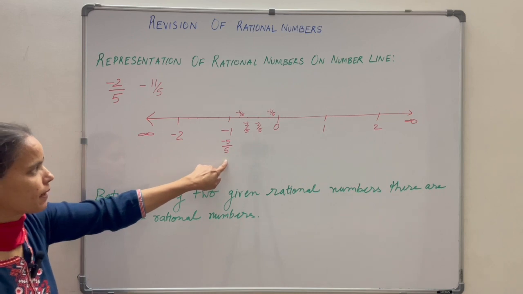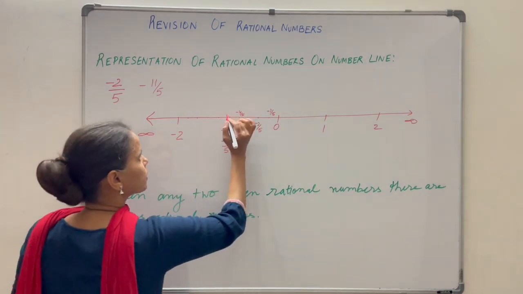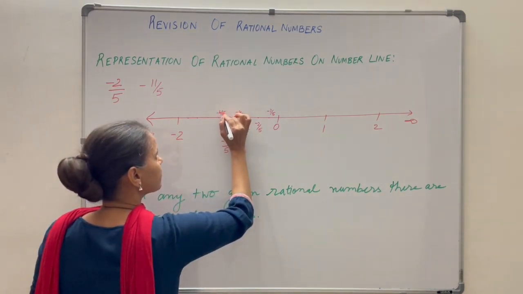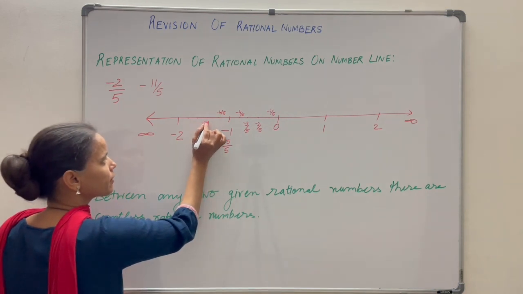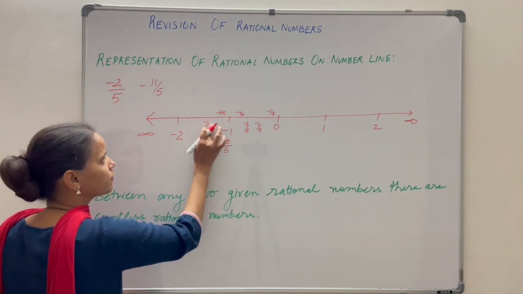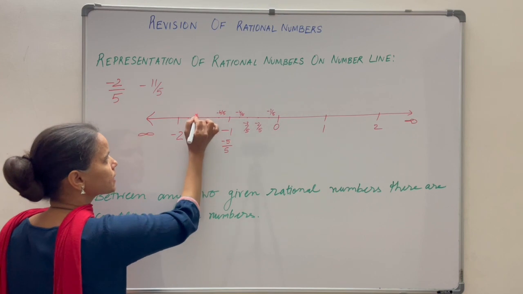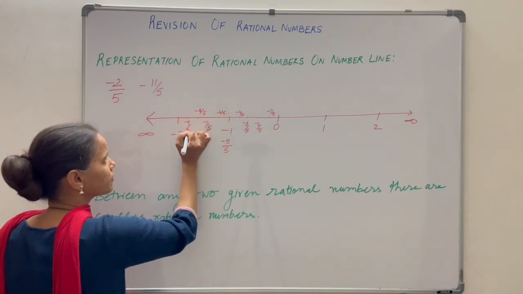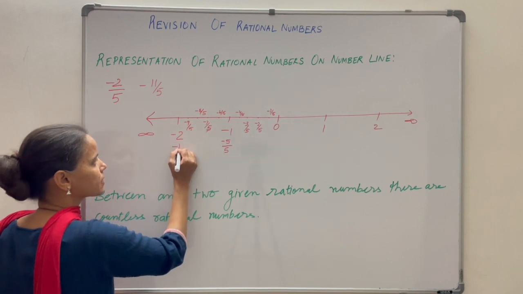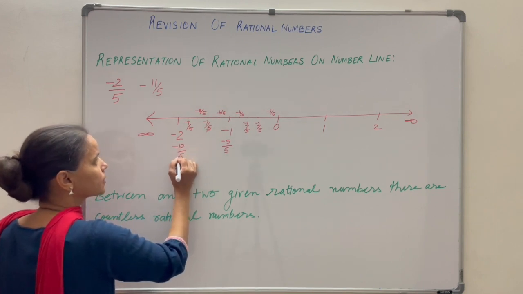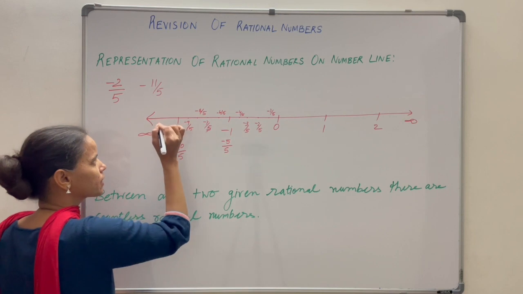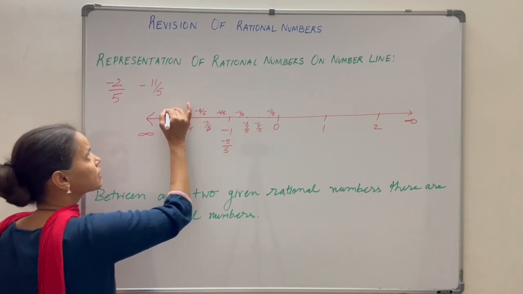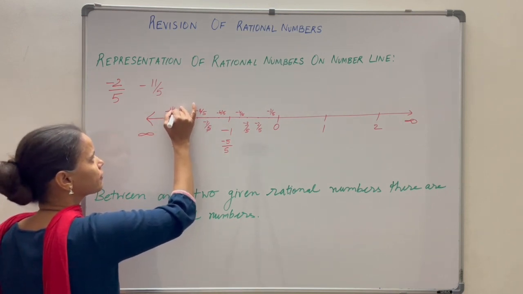So till here it is minus 5 by 5. This one is minus 6 by 5, minus 7 by 5, minus 8 by 5, minus 9 by 5. This is minus 10 by 5.